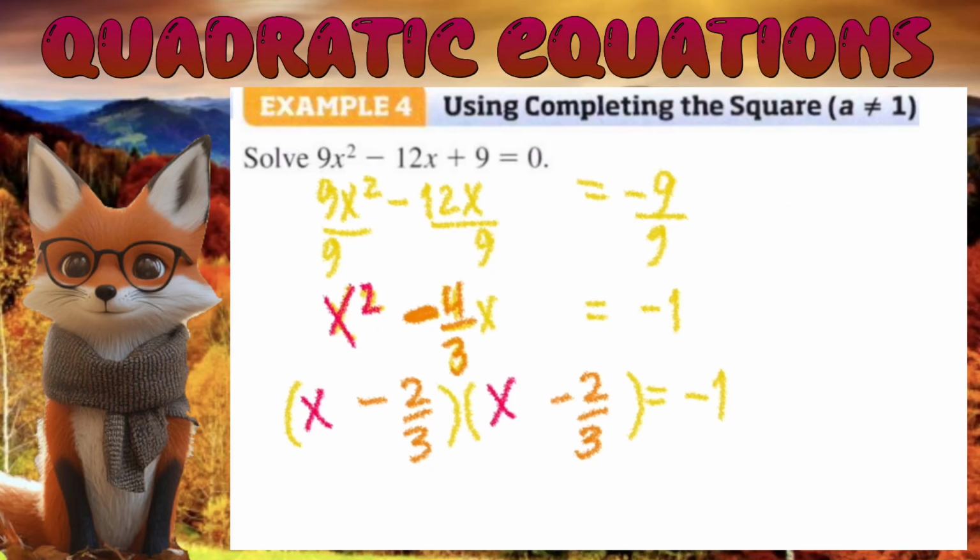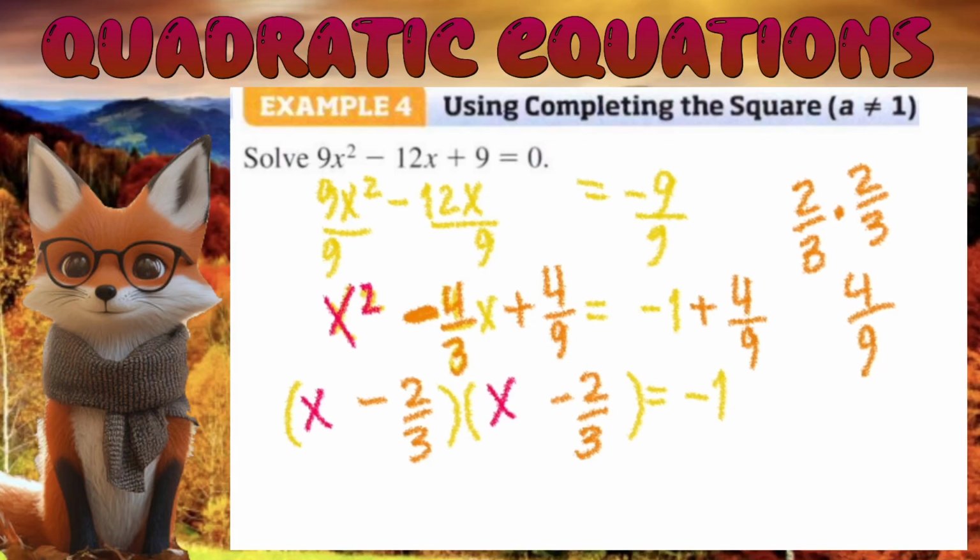Now, from there, last times last, 2/3 times 2/3, is 4/9. That is what I'm adding to both sides. So +4/9 +4/9.